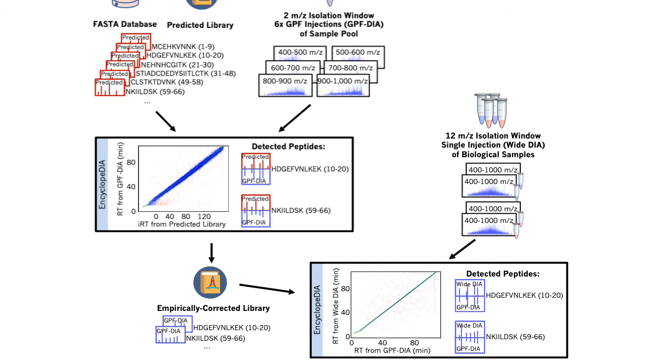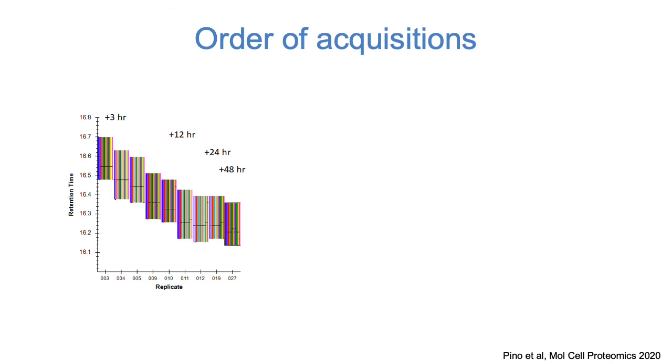And the fragmentation patterns are exactly the same because they're configured the same way, because they're both DIA in each case.